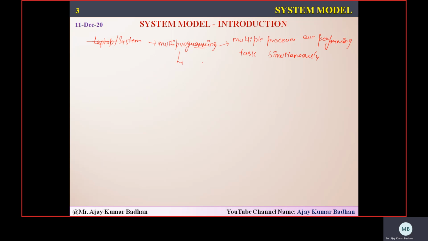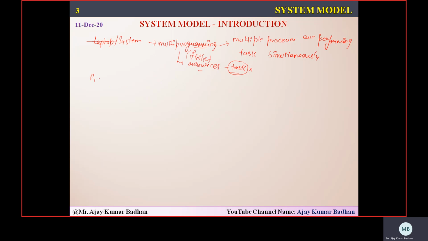We know that all these processes which are going to execute will definitely require resources. Only if they get the resources can they complete the task; without resources they can't. In a multi-programming environment, these resources are finite. We have a limited number of resources.